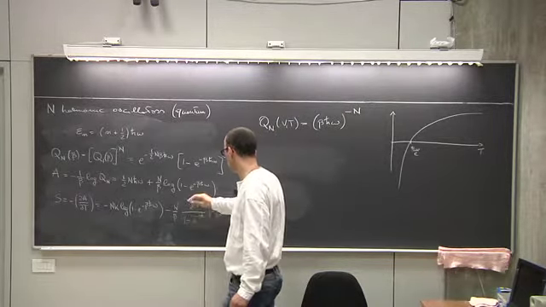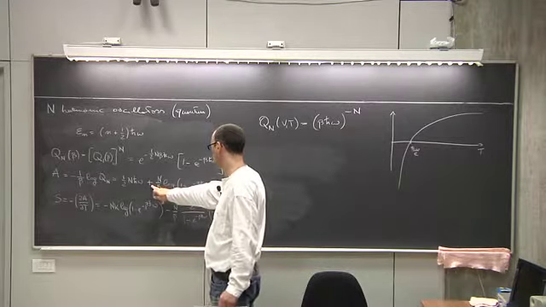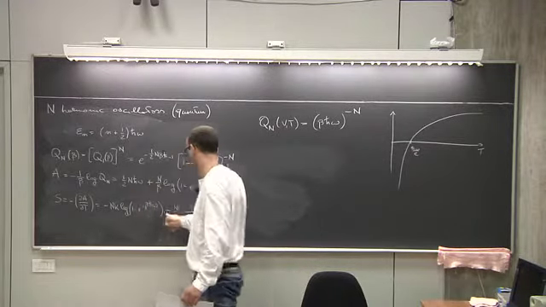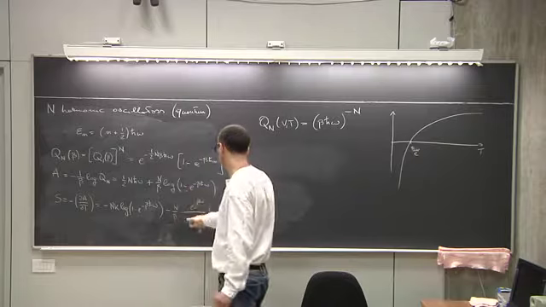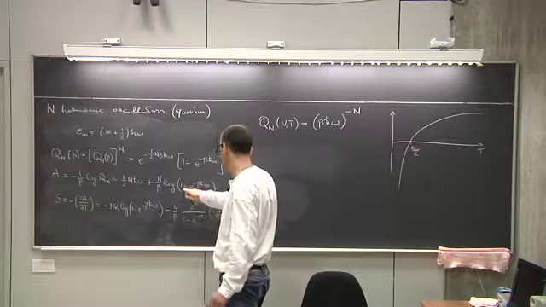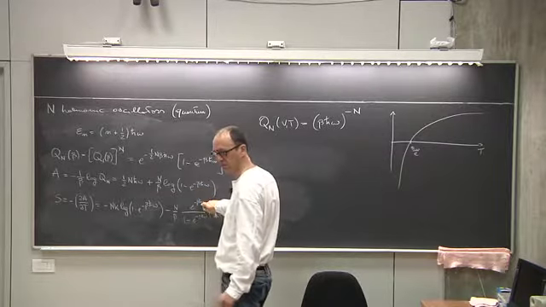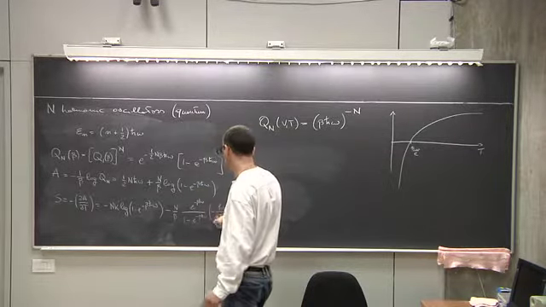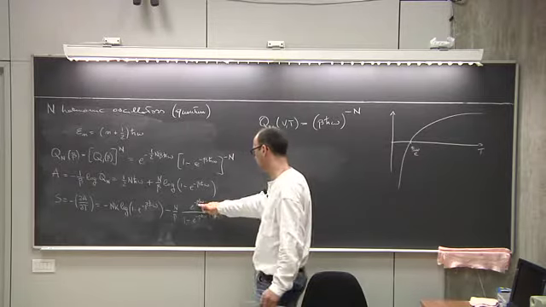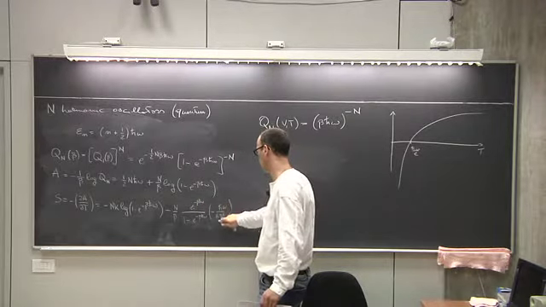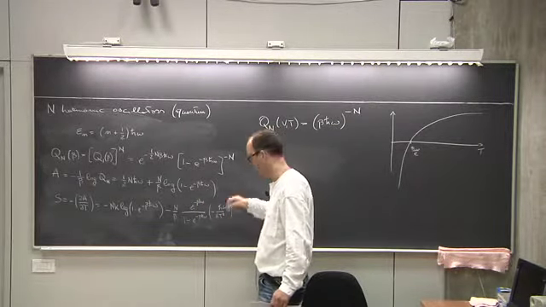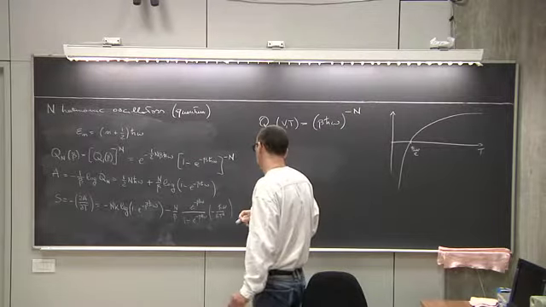So there is a minus sign which comes from here. Then this is 1 over this. Then there is the derivative of this, which is e to the minus beta h bar omega. And then there is the derivative of beta h bar omega, which is h bar omega over kT squared.